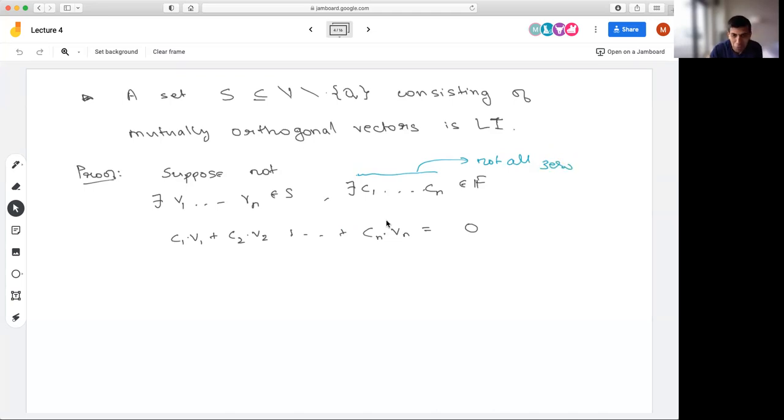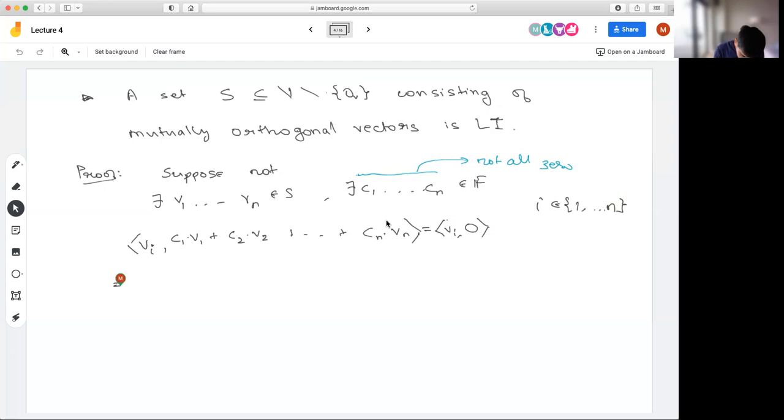And we can now easily prove that all coefficients must be 0 just by taking an inner product. Let's say we take an inner product with vi, with any vi, where i is the index of one of these vectors. So I get the inner product with vi on both sides.